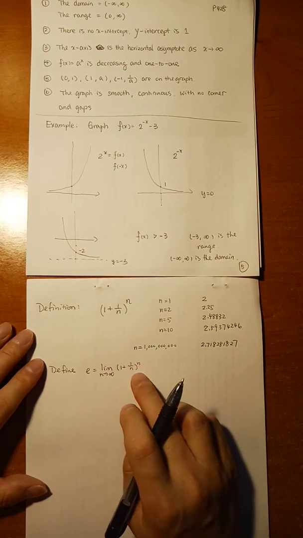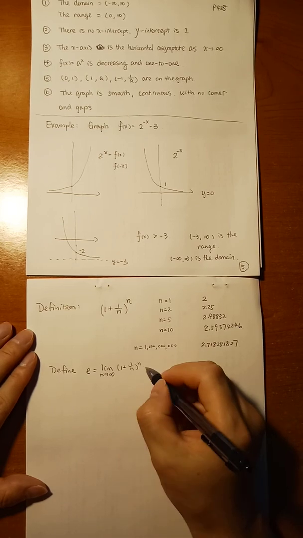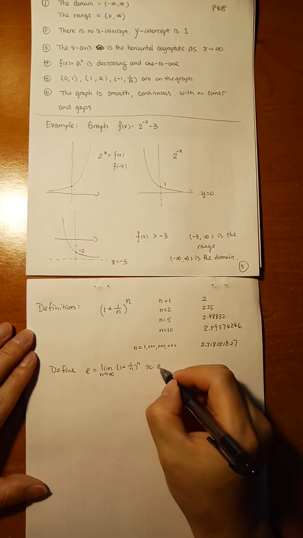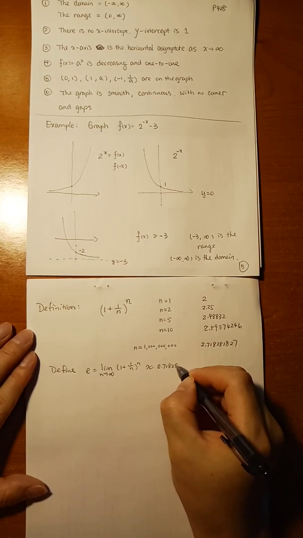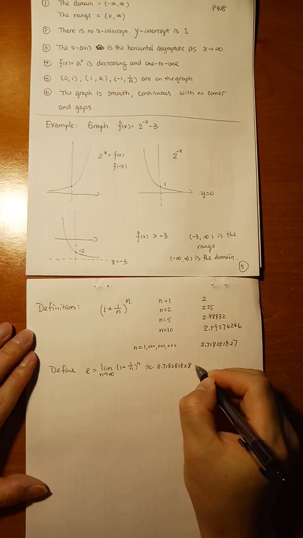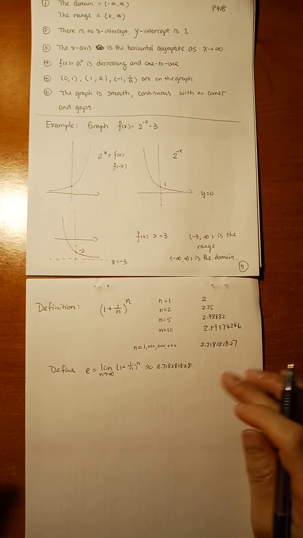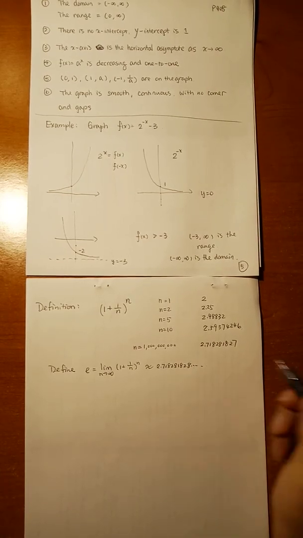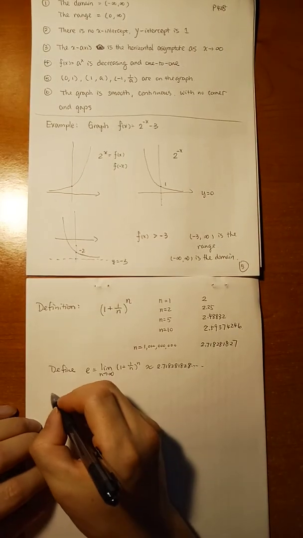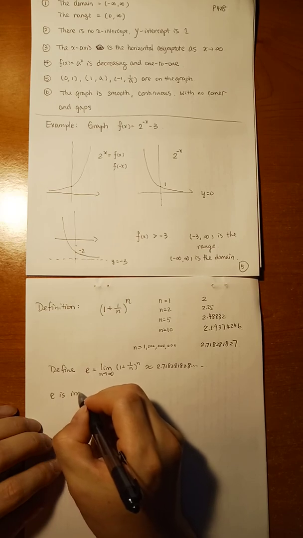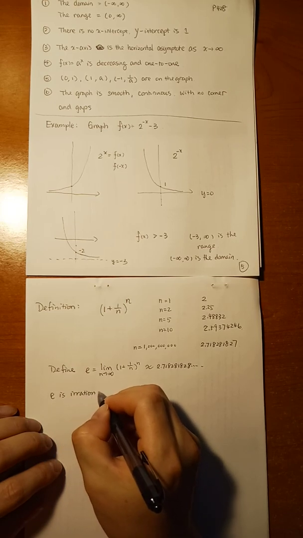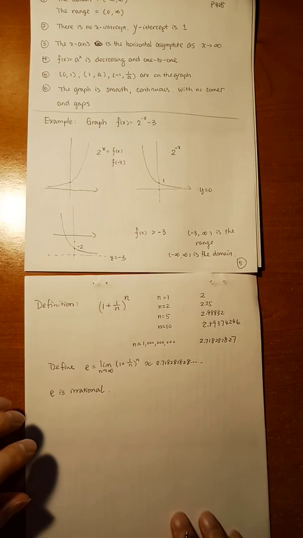And this e is approximately 2.718281828 stuff. It's infinite. It's irrational. e is irrational.